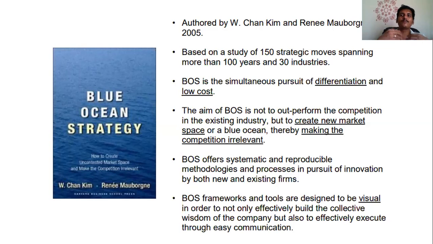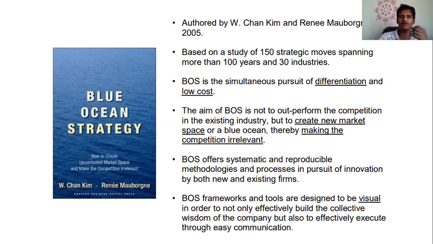Differentiation is how unique your product is, or how low your cost is. But blue ocean strategy achieves both differentiation as well as low cost. The aim is to create a new market space, thereby making the competition irrelevant. This is a very key word in blue ocean strategy. You try to develop a new market space where the competition is completely irrelevant because it's entirely a new space.